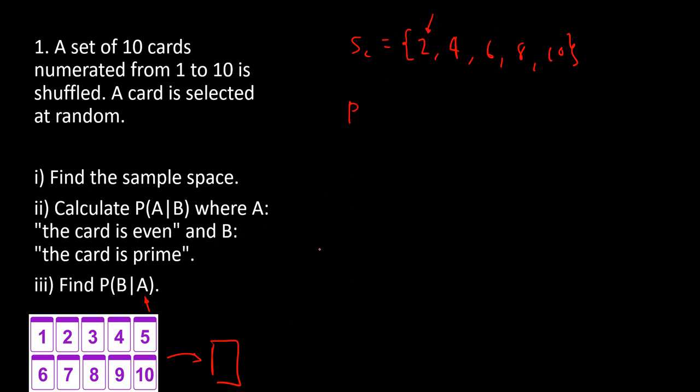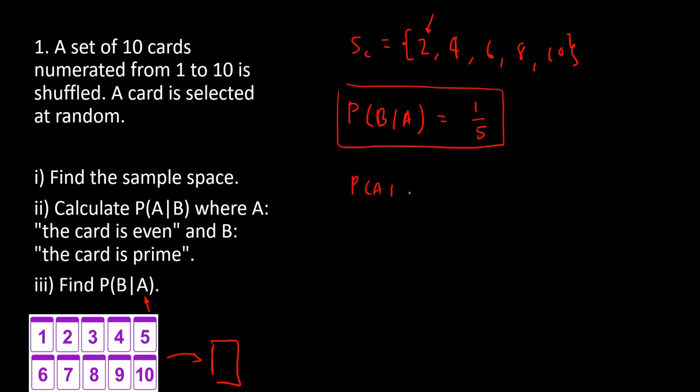So the probability of B given A, the probability that the card will be prime, once I know that the card is even, is going to be 1 out of 5. There you go. And if you remember, the other probability, this one, was 1/4.